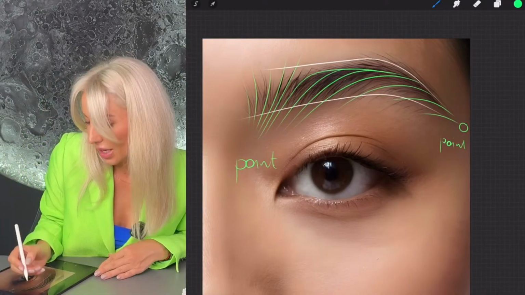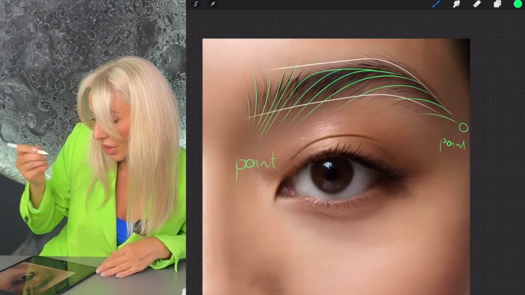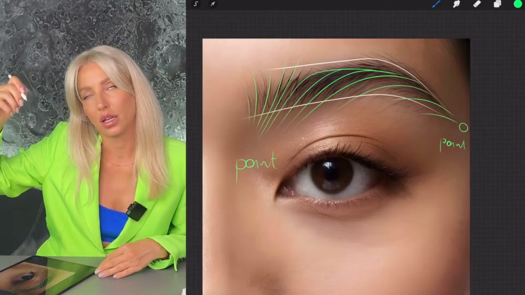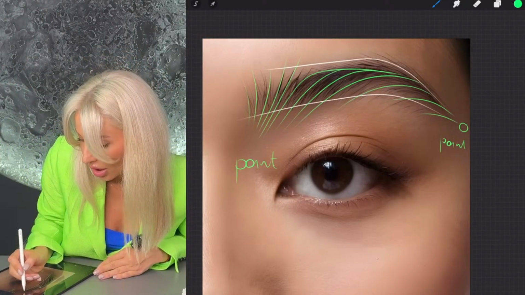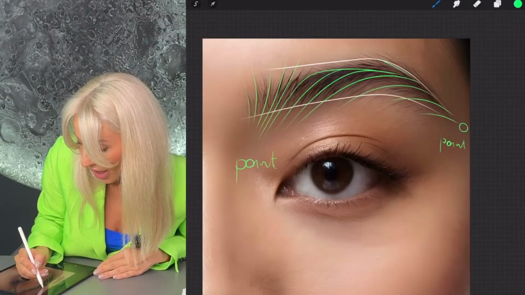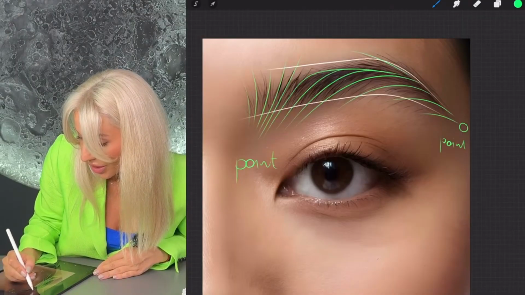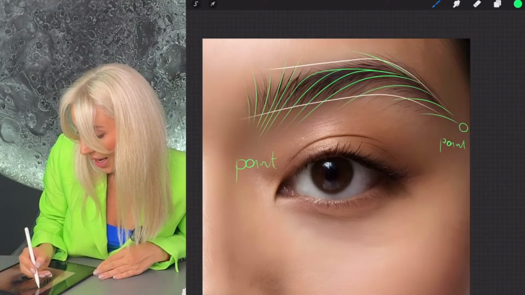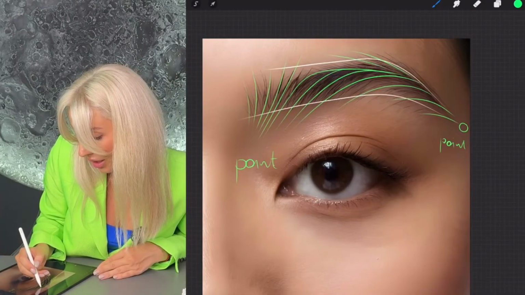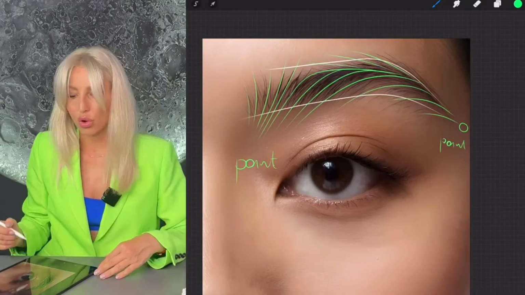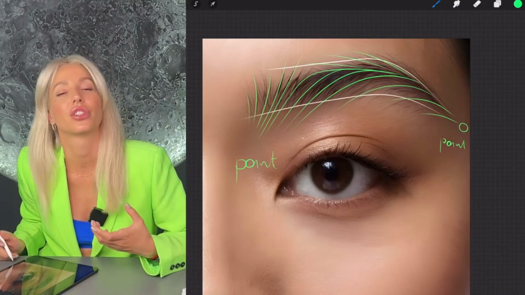Like this. And the same in the upper part of the eyebrow. They need to be directed to this point in the tail, and then here there is no point. It's just the direction of the strokes.